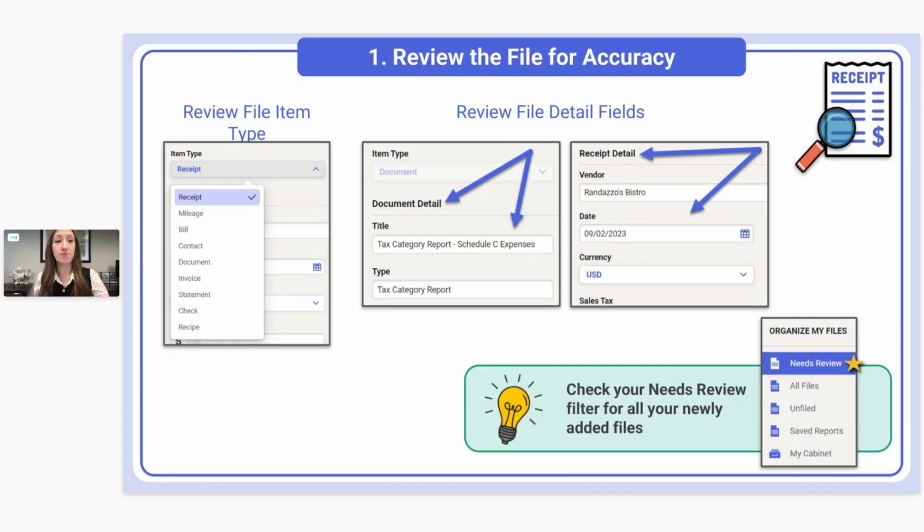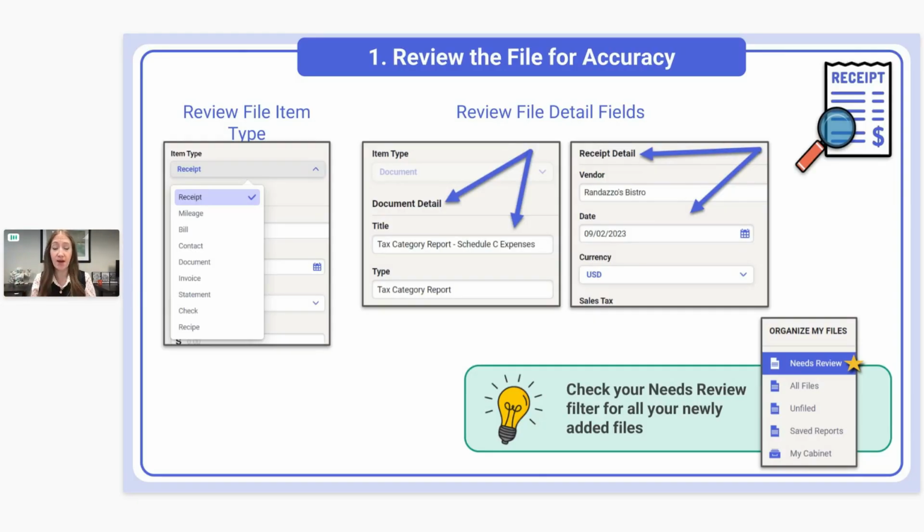So why is it important to check your file item type? Well, item types in Neat are a standard way that you're able to encode your files for storage in Neat. And as I mentioned earlier, there are 9 different item types that you can store in Neat, and each type has its own set of file detail fields and functions. And those file fields and functions can actually affect your usage of other parts of the application.